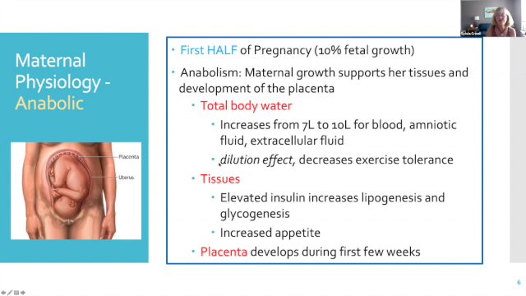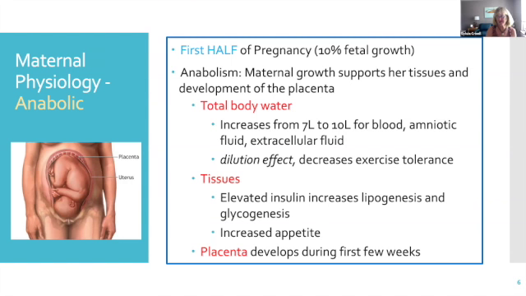And this is what's interesting right here that will help you explain to people why they're tired. And I'd like to ask this question on a test. First, what happens first is her body water increases. So she's wetter, but she has not been able to keep up with the production of red blood cells.